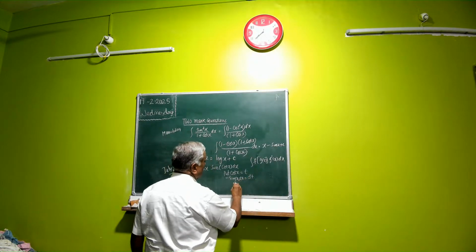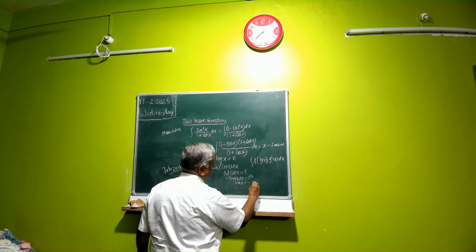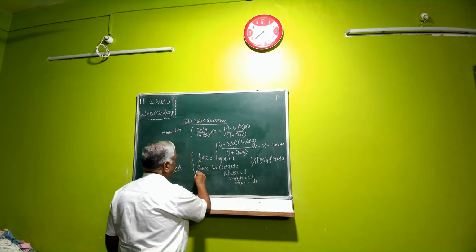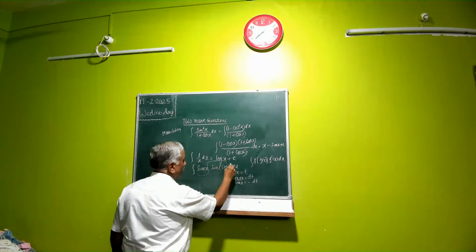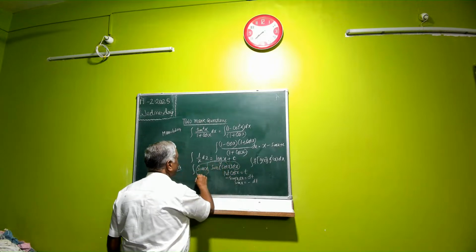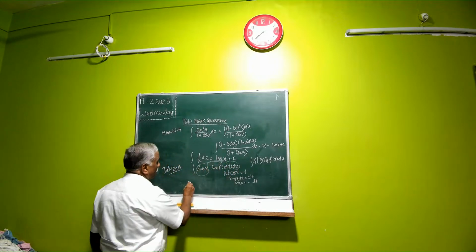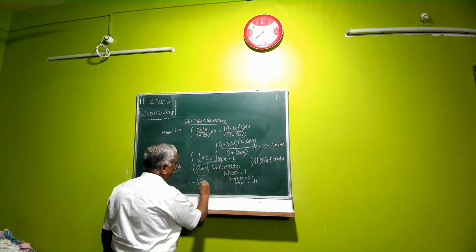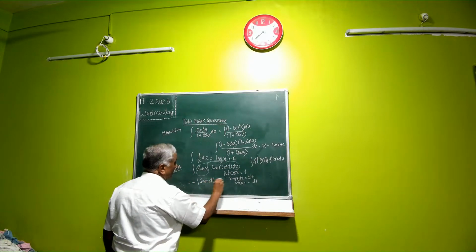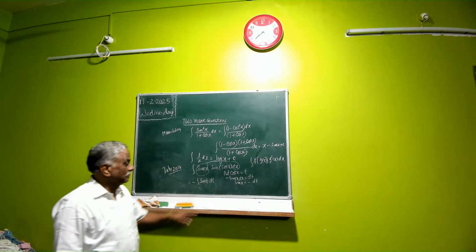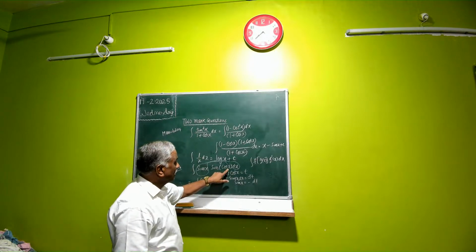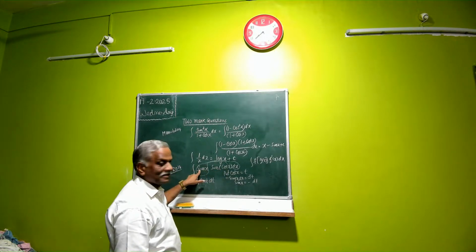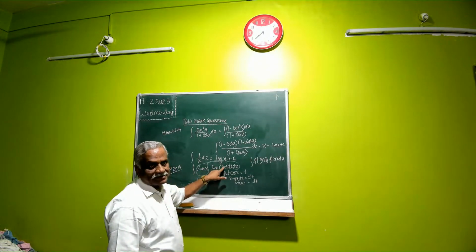That is, sin x dx is minus dt. So sin x dx can be replaced by minus dt. So the problem becomes minus, you can keep it outside, integral of sin t dt. It's a problem on the substitution method. When you differentiate cos x, you get minus sin x, so you should realize that.